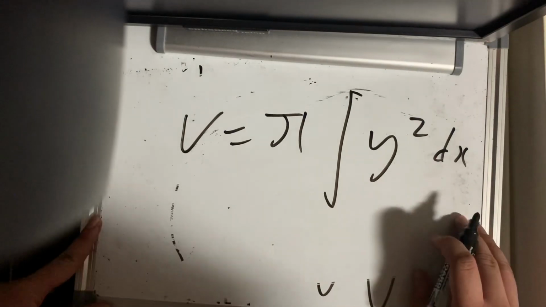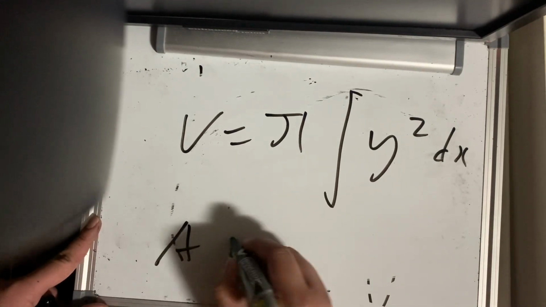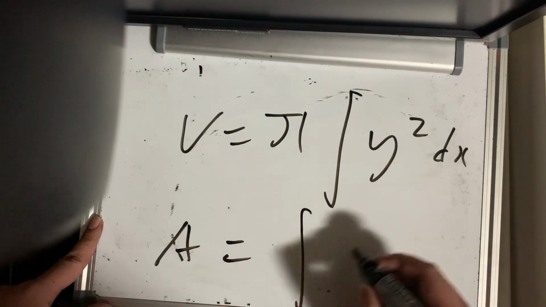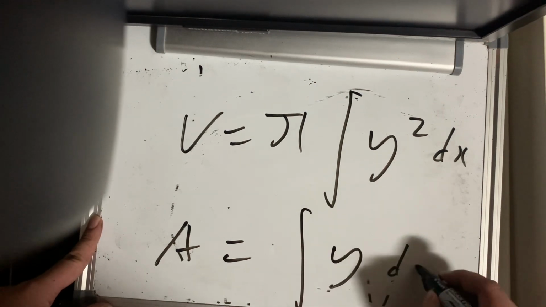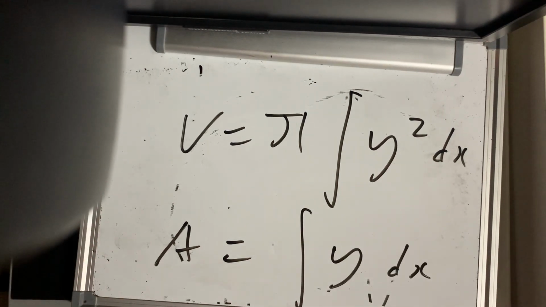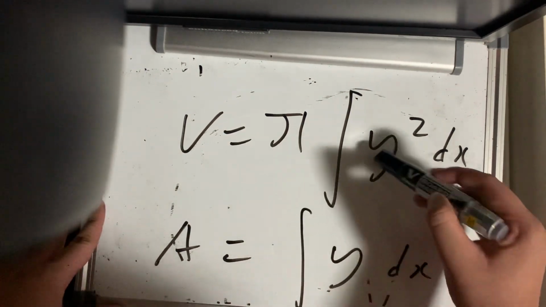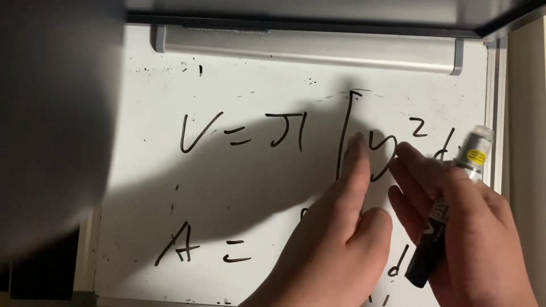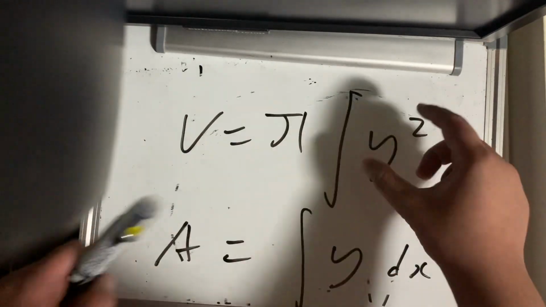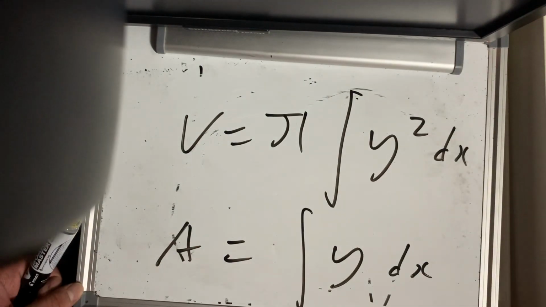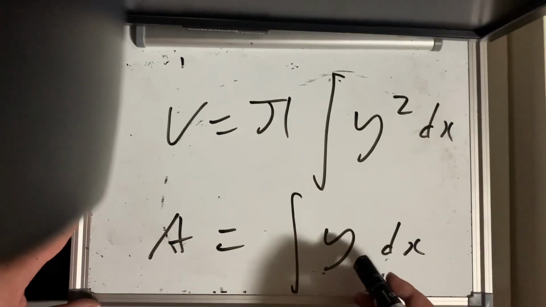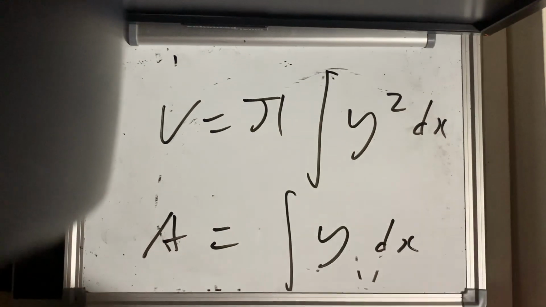It's very similar to finding area. For area, you're just taking y times dx. It's very similar, right? This looks like pi r squared, with y being the radius, but you're adding up all of these r squareds, all the various r squareds of all the various cylinders, and in the other one you're adding up all the various heights of all the various rectangles.